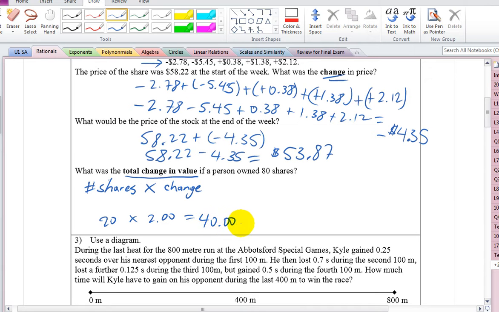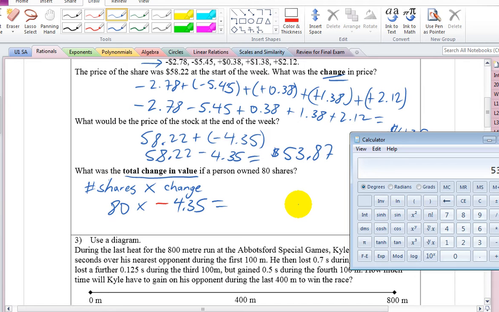Okay. For us, though, we had a loss. So this person owns 80 shares. Each share lost. So a negative sign. I'm going to highlight that. Okay. Times the change is a negative number, $4.35. Okay.